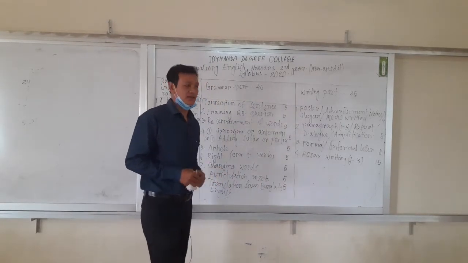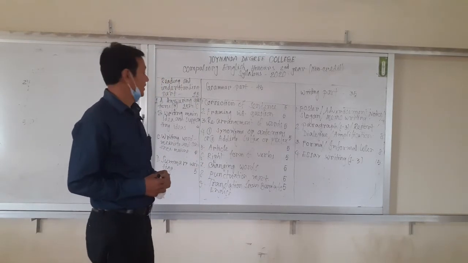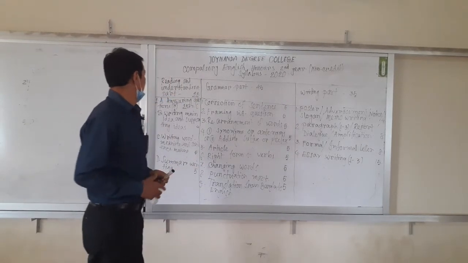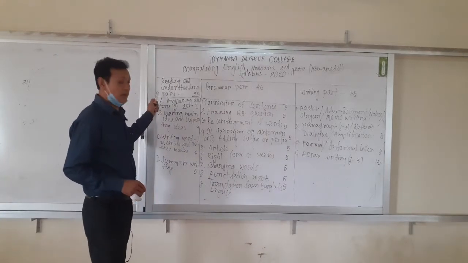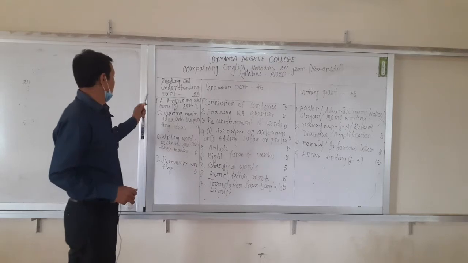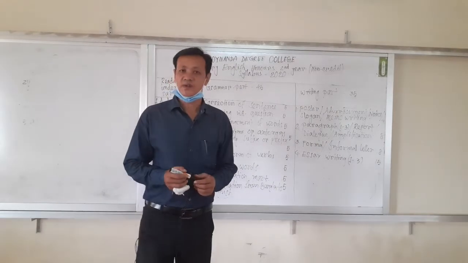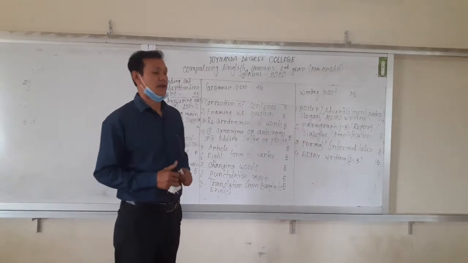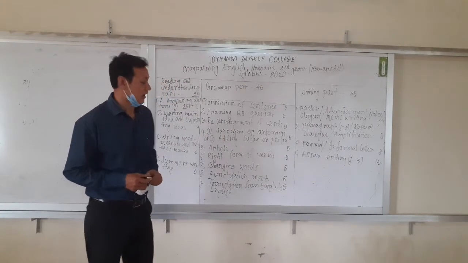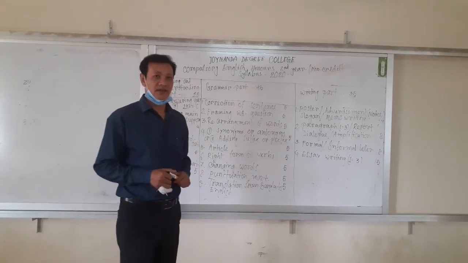Now, let us see what are in those parts. The first one, reading and understanding part. In this part, a passage will be given, and you have to read it and understand the passage clearly.